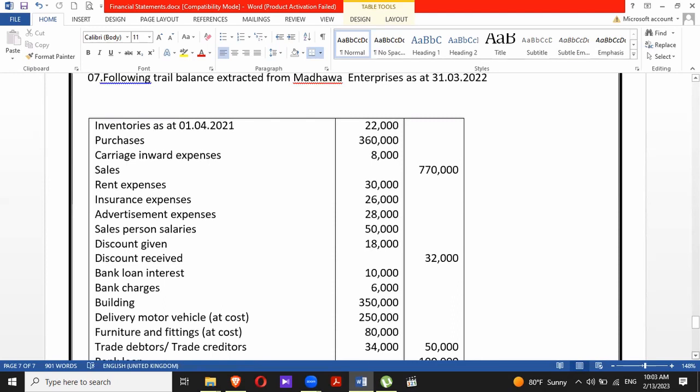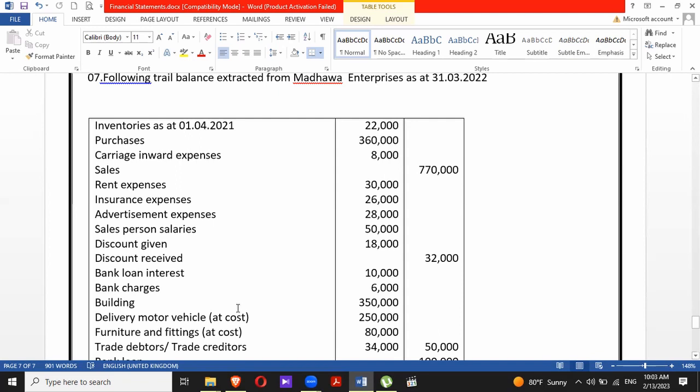Some expenses, incomes, assets, liabilities, and equity are given. Basically we have to check what things come under the profit or loss statement and what things come under the statement of financial position. First, select those things.